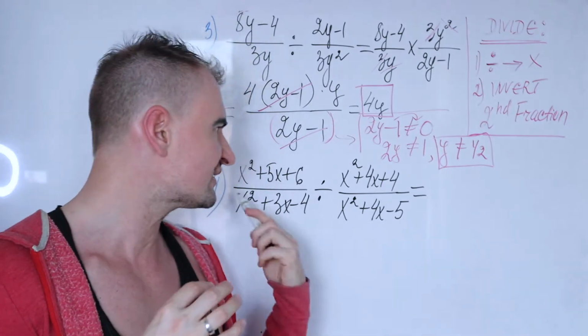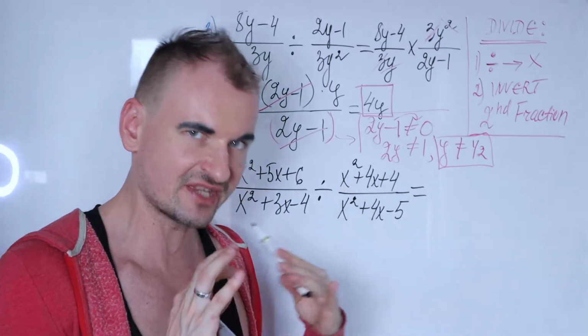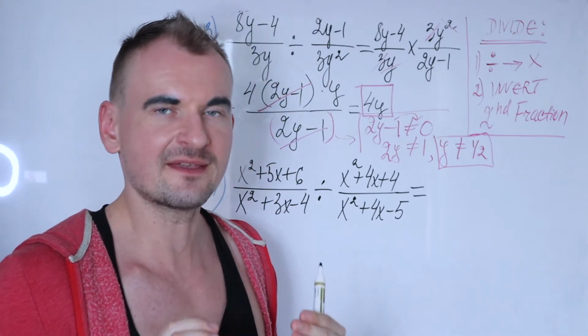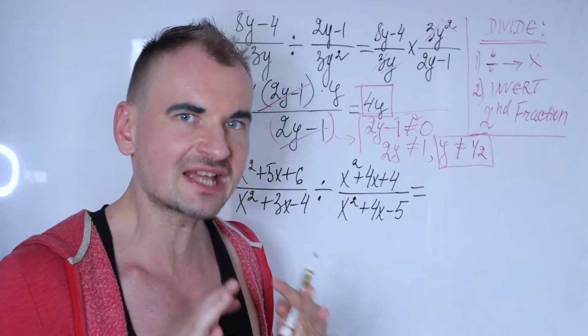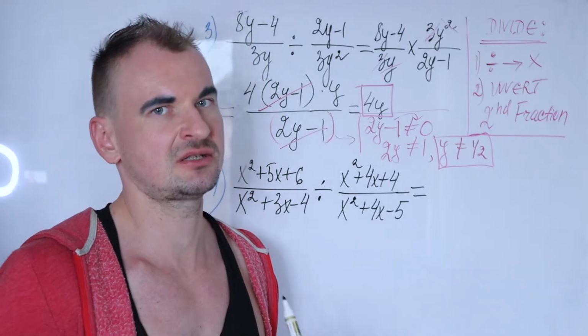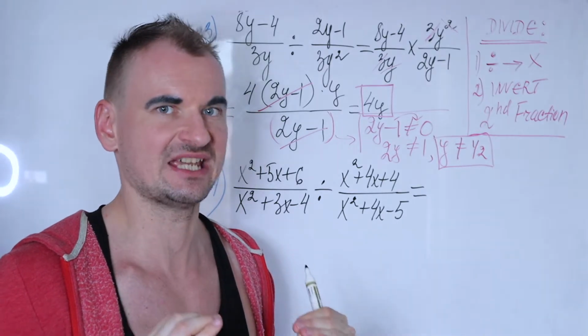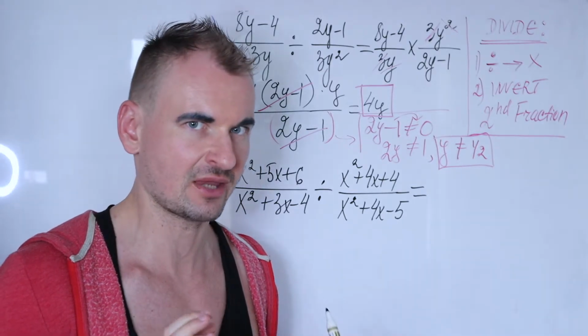So in this case, just check by observation, there is nothing. But you can factor them. You can use factoring techniques to break them up into two sets of parentheses multiplied together.